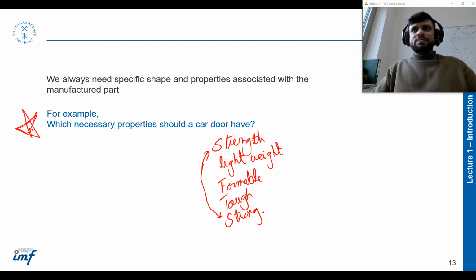What else? I think it should also be thermally stable. It should also be rust proof, so antioxidant.